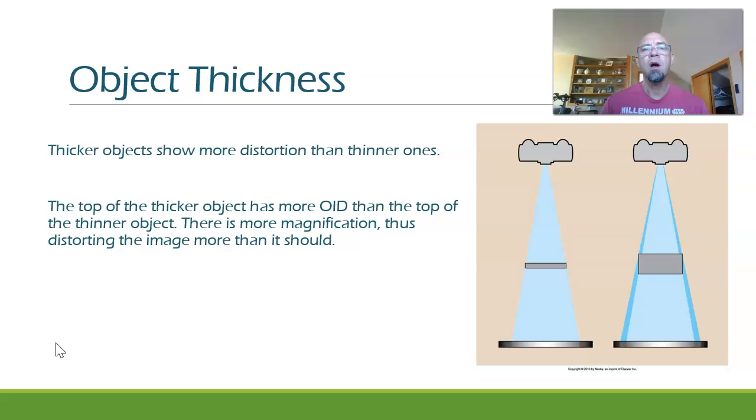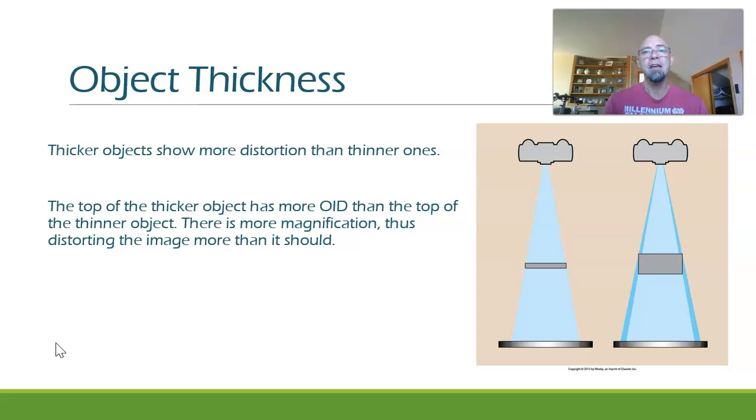All right, so let's start with object thickness. The thicker an object is, the more OID it's generally going to have. So let's just take a leg, say a femur of a 10-year-old kid versus the femur of a 25-year-old athlete. One is thicker than the other.